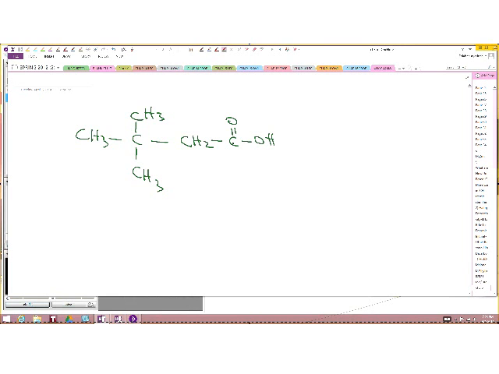Just give me yes or no. Can you make this molecule using acetoacetic ester synthesis? Yes. The answer is no. No. No, why?